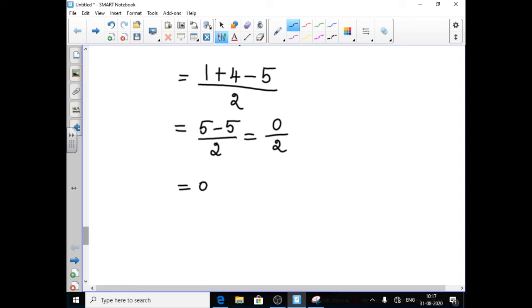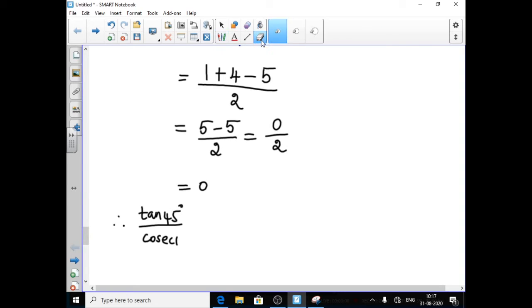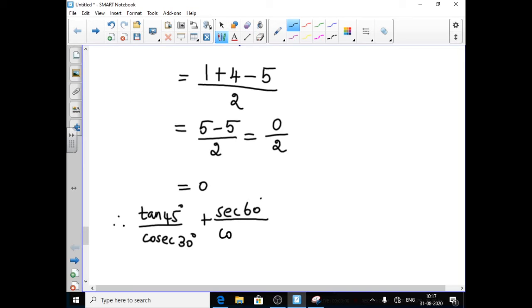So the answer is 0. So tan 45 degree by cosecant 30 degree plus secant 60 degree by cot 45 degree minus 5 into sin 90 degree divided by 2 cos 0 degree is equal to 0.